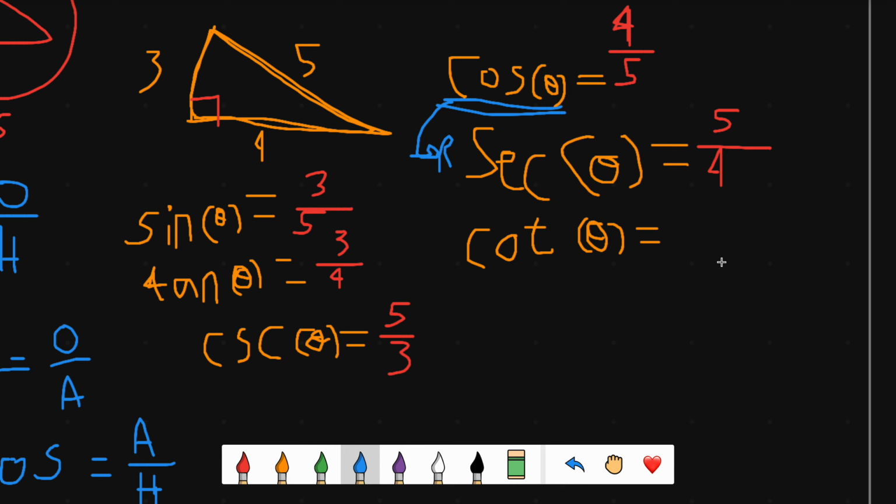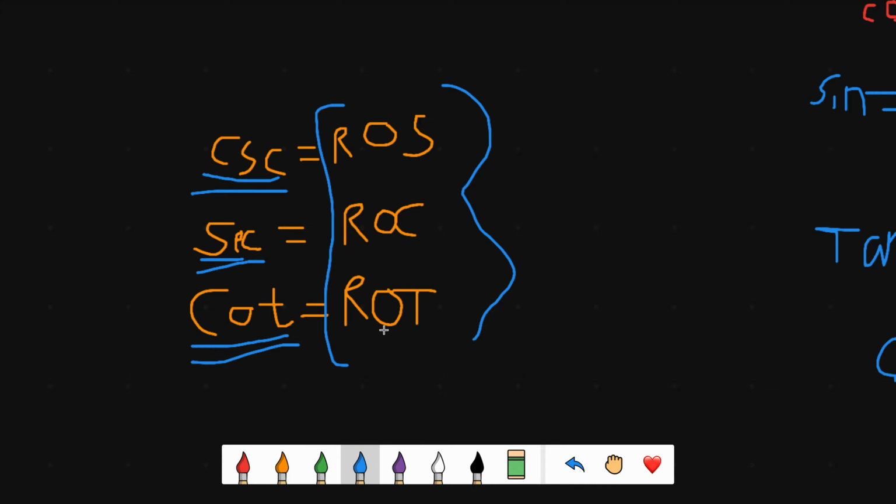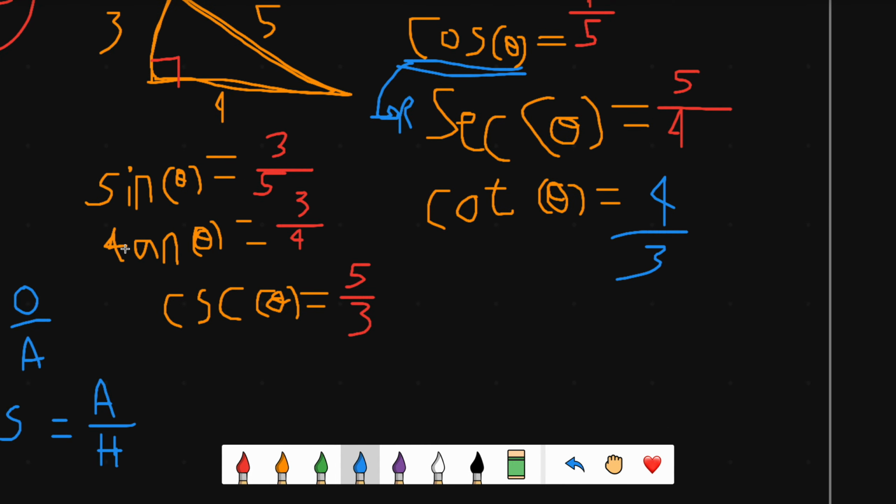So in cotangent, how do you know cotangent? It's 4 over 3. How is it 4 over 3? In tangent, it's 3 over 4.